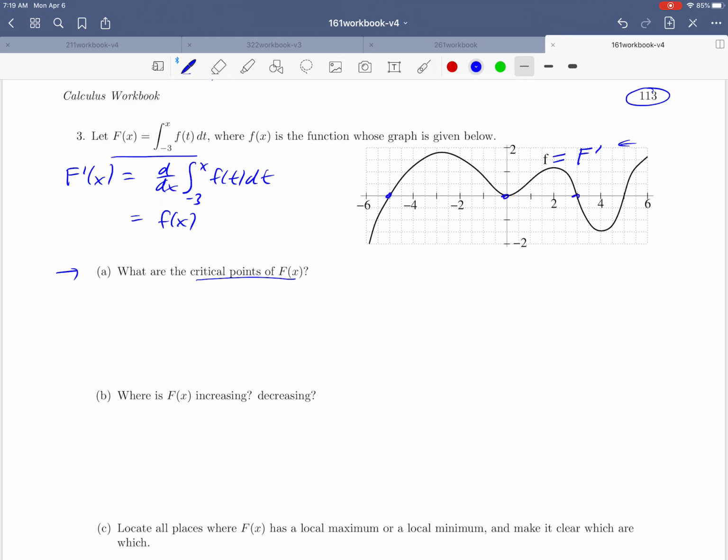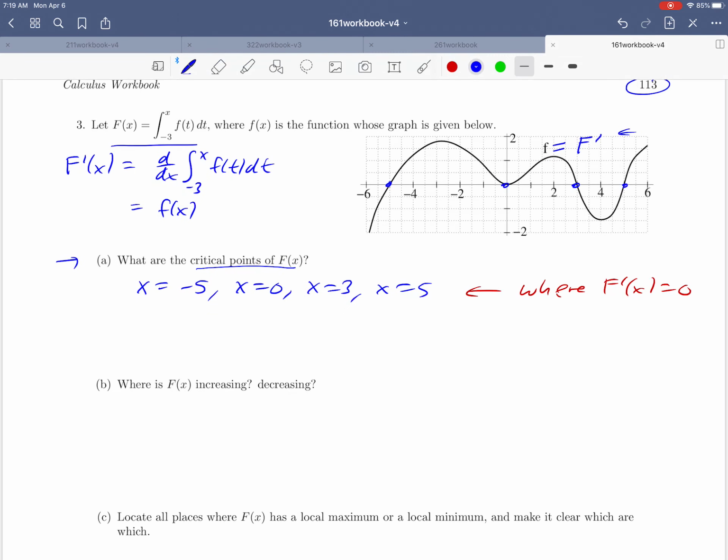Okay, well, I see 4 points where that happens, and so those 4 points should be the critical points of capital F. All right, so our answers appear to be -5, 0, 3, and 5. And remember how we got those? We just looked at where the graph of the derivative was equal to 0, right on the x-axis. Okay, so we have completed part A.